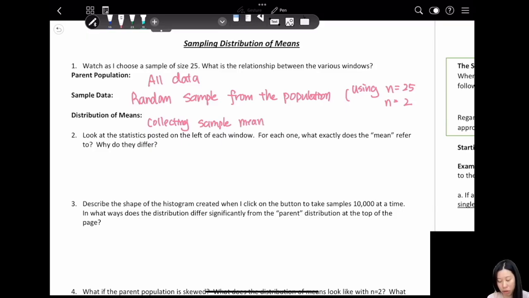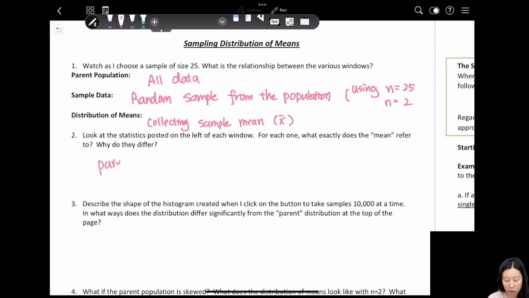We use the symbol X bar to represent the sample mean from our sample distribution for a random sample. So look at the statistic posted on the left of each window and what exactly the mean refers to. What's the difference?